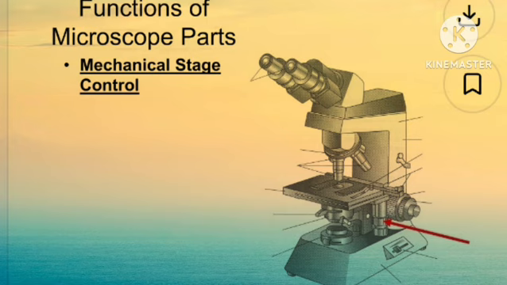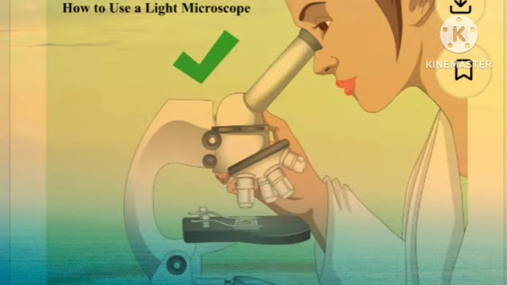So this is the top knob and bottom knob. The top knob is the y-axis and the bottom knob is the x-axis. You see the pictures: the y-axis is forward and backward, the x-axis is left and right.